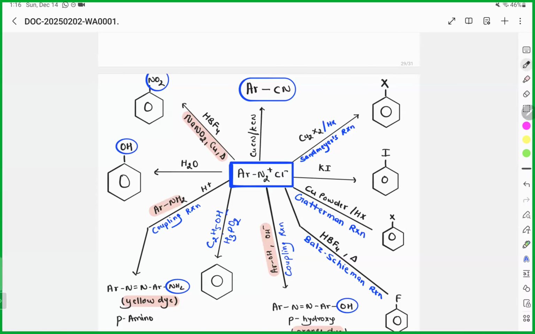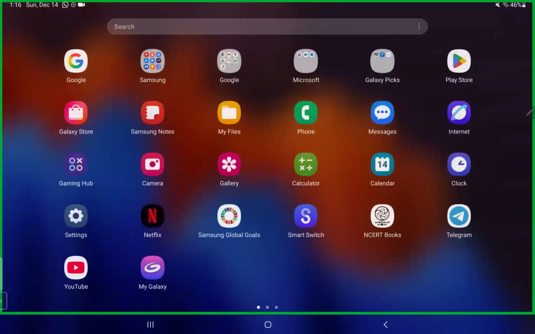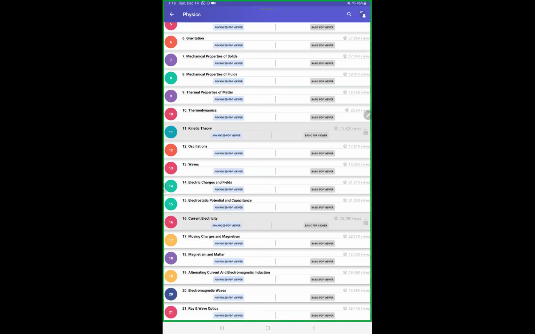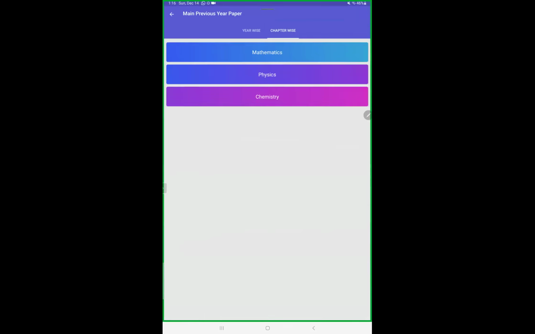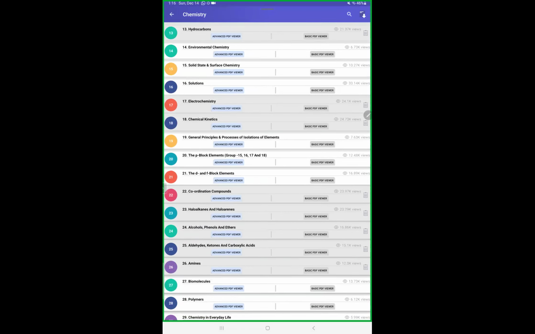So let's solve some questions. Now we can solve any question from this topic, correct? We'll solve both NEET and JEE questions. Which one should we start with? Let's do some NEET questions because yesterday we did not do any NEET questions.